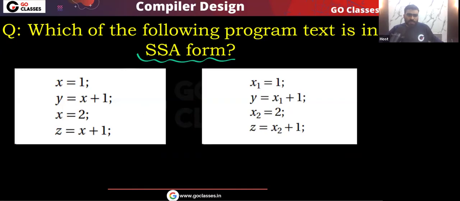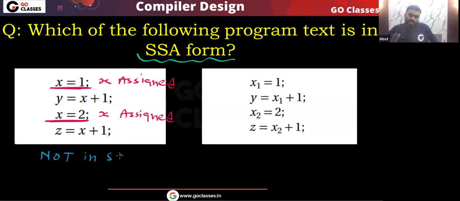Tell me. You can easily see here x is assigned, here also x is assigned. Yes or no? Can you notice in this program? Here also x is assigned, and here also x is assigned. So you can easily see that this is not in SSA form, right?